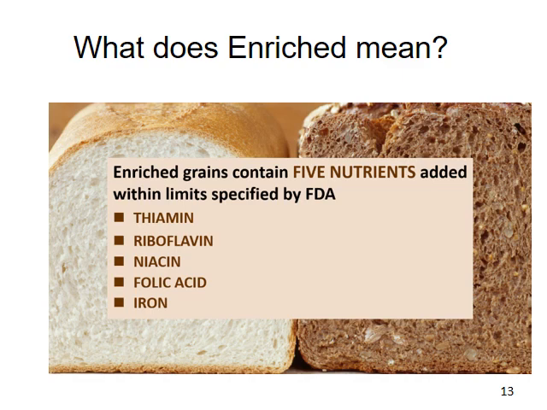This slide shows the 5 nutrients, 4 B vitamins and iron added to refined grains during the enrichment process. An enriched grain product provides more nutrition than a refined grain product. However, a whole grain product has even greater nutritional value and is the most healthy option.